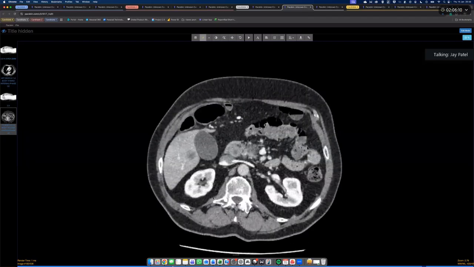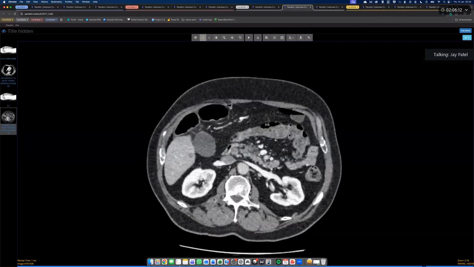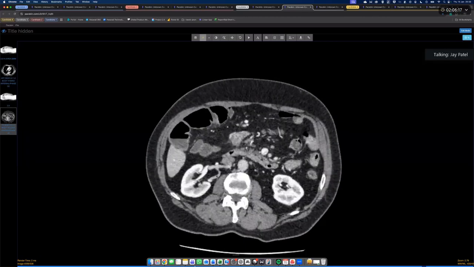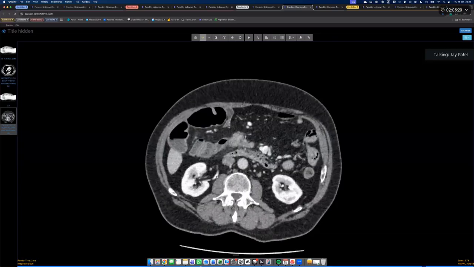The other thing I want you to note on this scan, as a point of education: always, when you're looking at colorectal cancers, look to see where it is in relation to the duodenum. For right-sided colon cancers, they will typically do a right hemicolectomy. They will surgically go up the mesentery on the right, and depending upon the skill level of the surgeon and where the highest node of involvement is, they will resect up the mesentery.